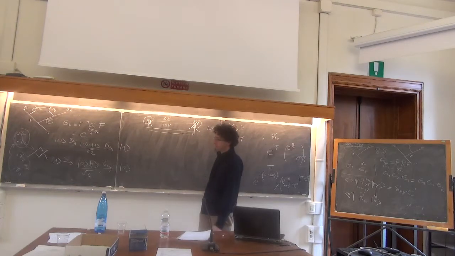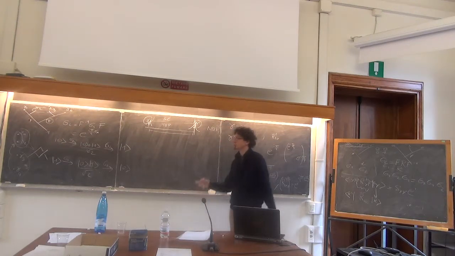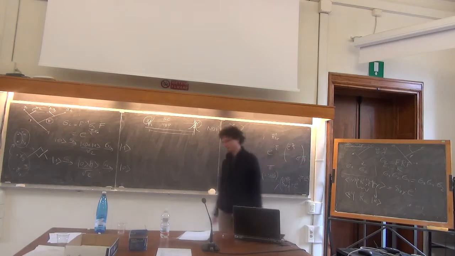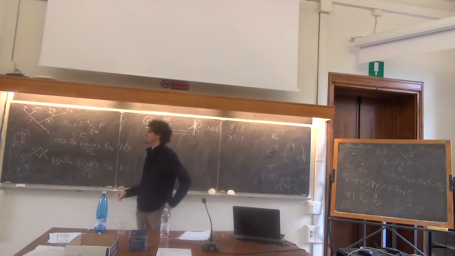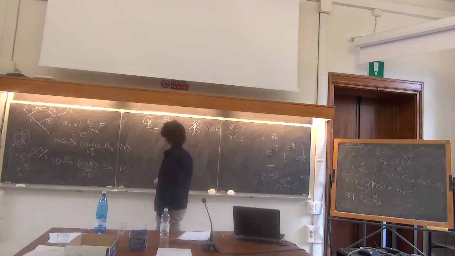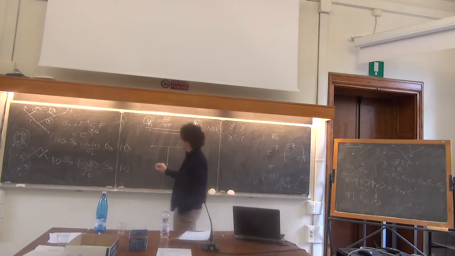So the idea is that if you want to engineer this object in a lab in such a way that you can apply these braidings, you must be able to move them around in some strange geometry, in which you can move this domain wall along. This is called a T-junction.